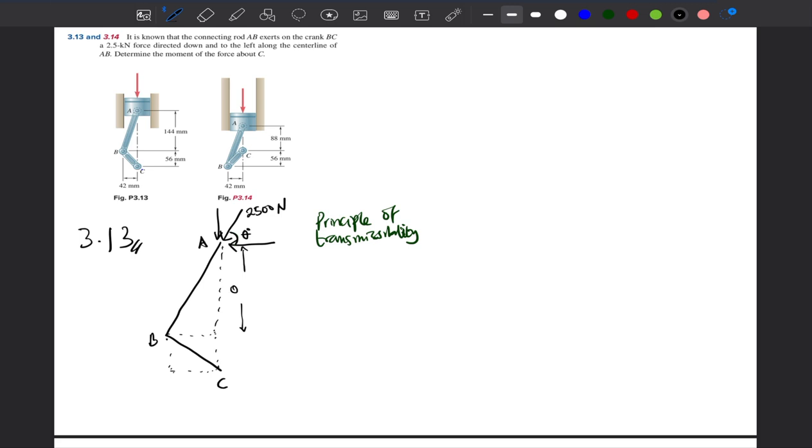So that's going to be 0.144 meters. And here to here, 0.056 meter. And here to here, we have 0.042 meter. So we know that our theta here is equal to this point also.